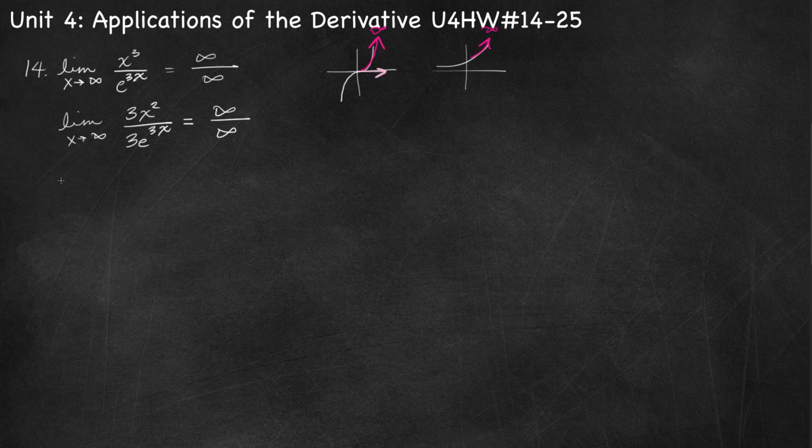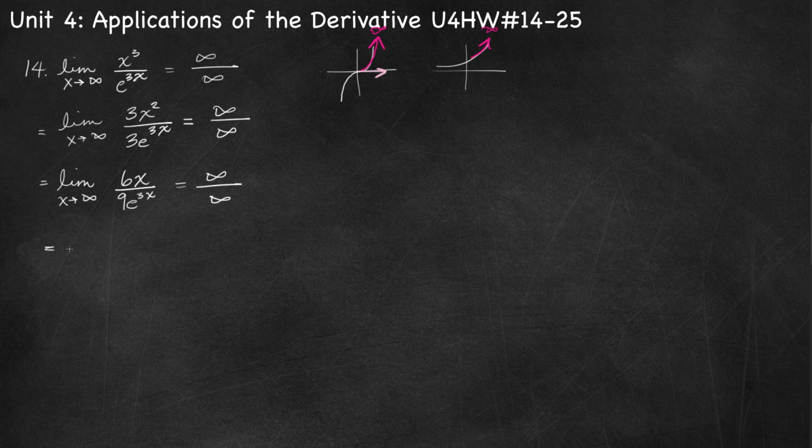So I'm going to apply L'Hopital's rule again, which tells us that that limit is going to equal this new limit where I take the derivative of my numerator, so I get 6x, over the derivative of my denominator, 9e to the 3x, and now we find the limit as x approaches infinity. As x approaches infinity, 6 times x is approaching infinity, and 9 times e to the power 3x is approaching infinity.